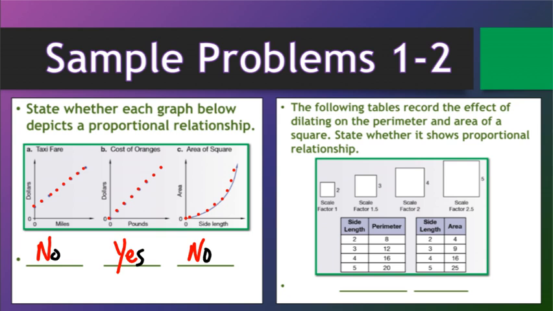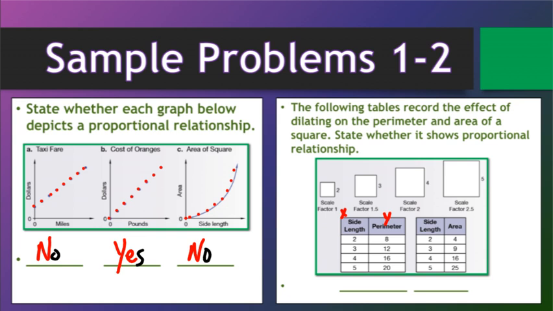The second one, the following tables record the effect of dilating on the perimeter and the area of the square. State whether it shows proportional relationships. So in order to solve these with the tables, we just take our y value divided by our x value, or in other words, our perimeter divided by our side length.